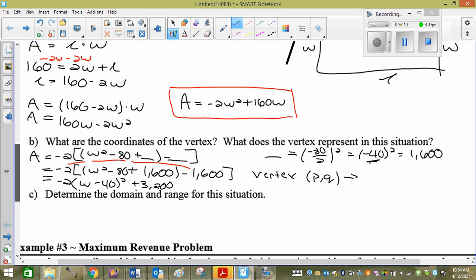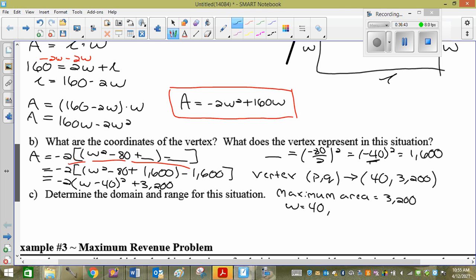And if our P and Q is representative of 40, because opposite side of that one, and then 3,200 here. Kylie was saying, well, that 3,200 is going to represent our maximum area. So we know that our maximum area, and then the 40 would represent. Yeah, that the 40 is the width, exactly, Kylie. So we say our width is equal to 40 in that case.